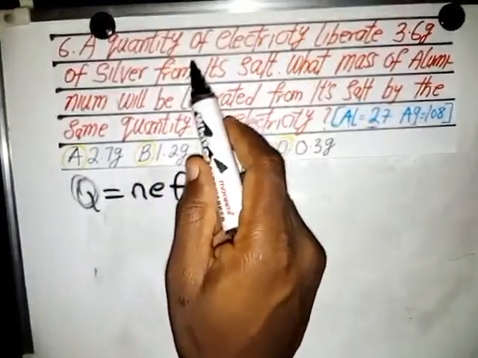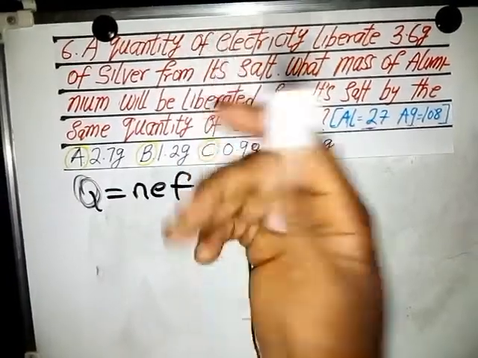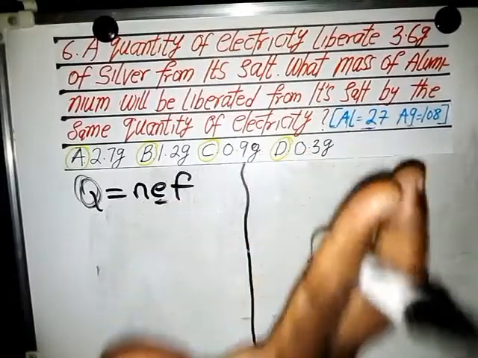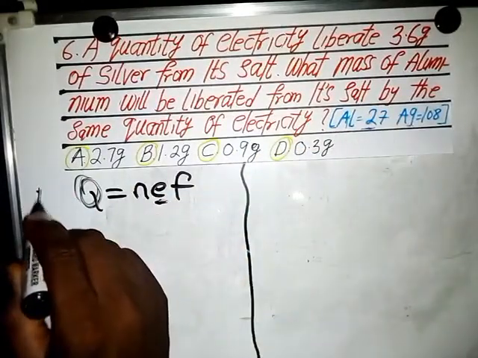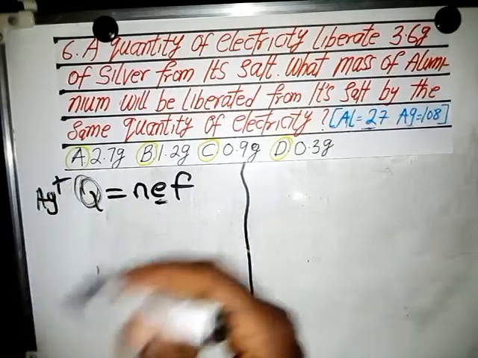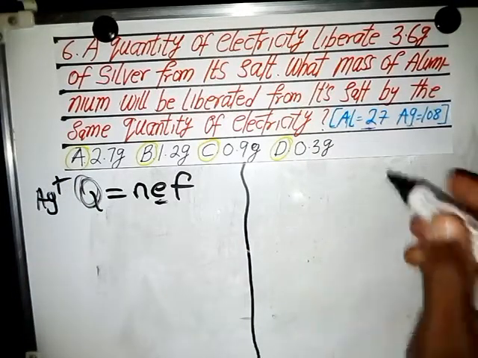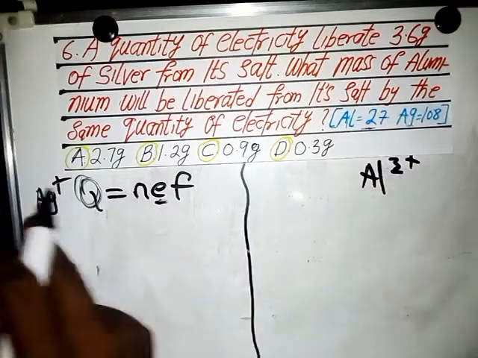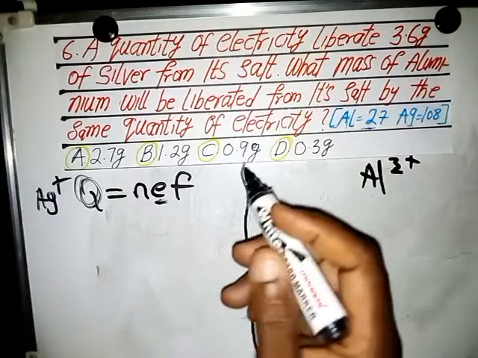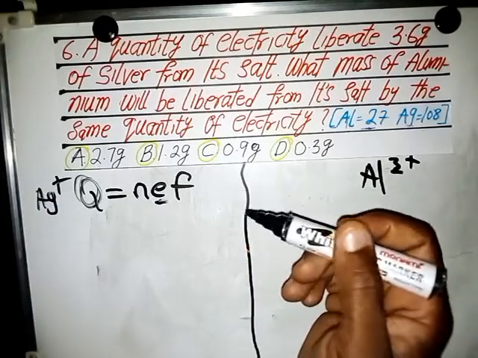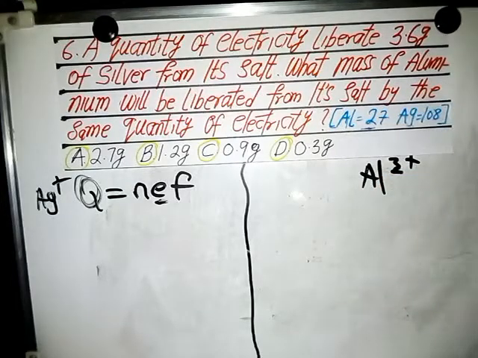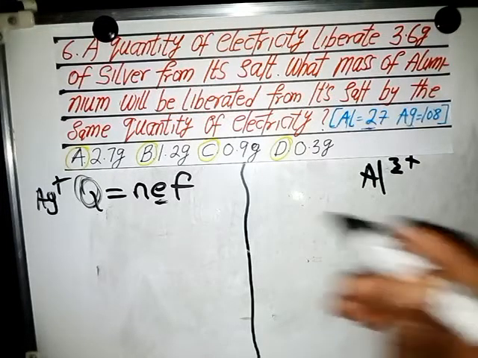Silver's oxidation state is 1, so the number of electrons transferred, E, will be 1 for silver, Ag plus. My aluminium is Al3 plus. Aluminium will be 3, silver will be 1. Alright, then let's use this formula.